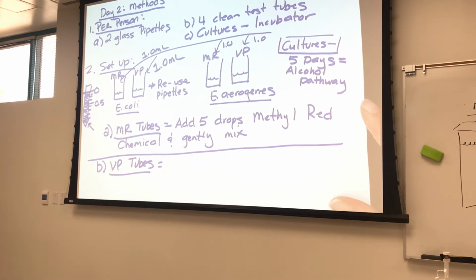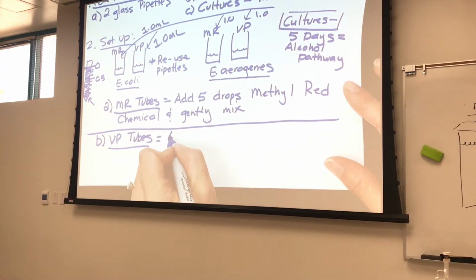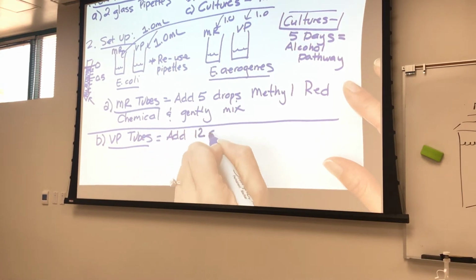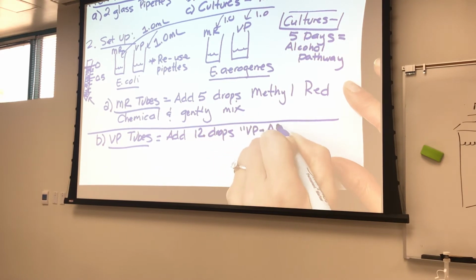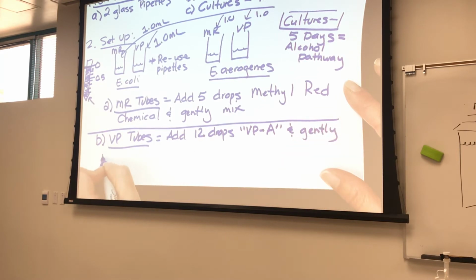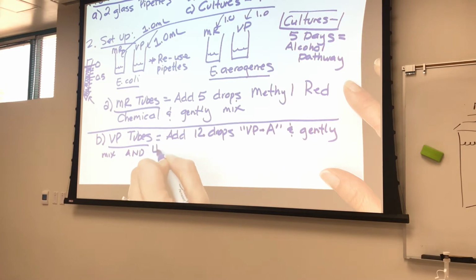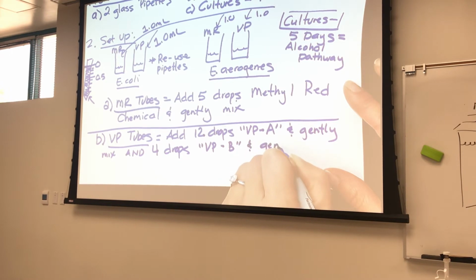Your VP tubes though, we have 2 chemicals. So the way that's going to work is we're going to add 12 drops of the A, the naphthol, and then just gently mix it up. And when you're done with that, we're going to do 4 drops of the B, and gently mix up.